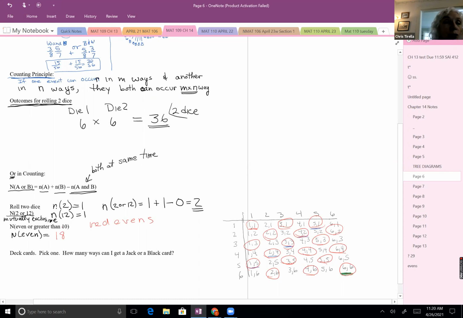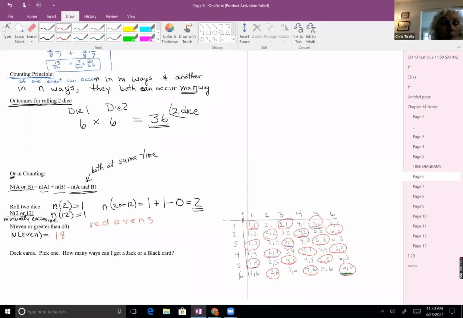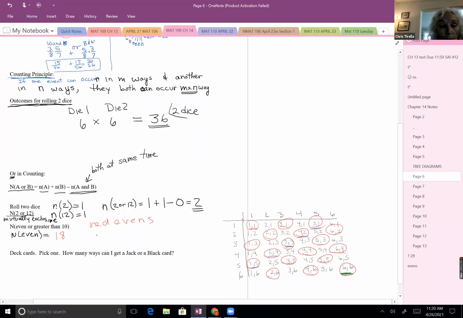I'm going to go ahead and in blue circle the ones that are greater than 10. So bigger than 10 would be 11 or 12.